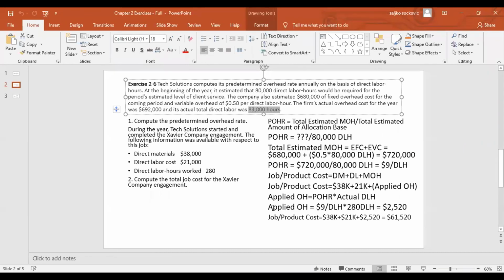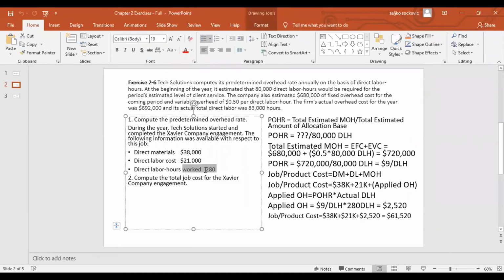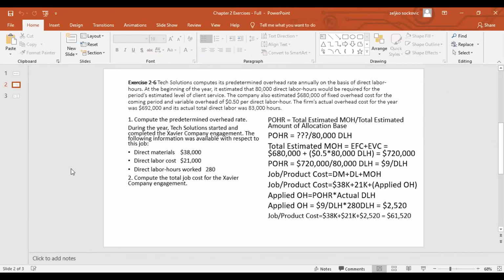So we would compare that amount with 692,000 and see what the over or under applied is. That's a good exercise for you. We cannot do this just for this single job, but for the total, what would be the result?